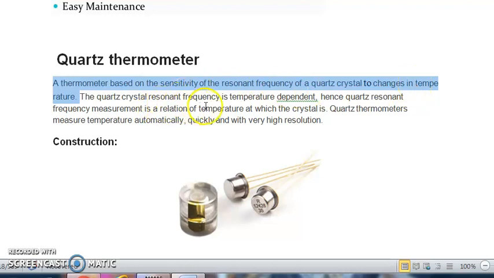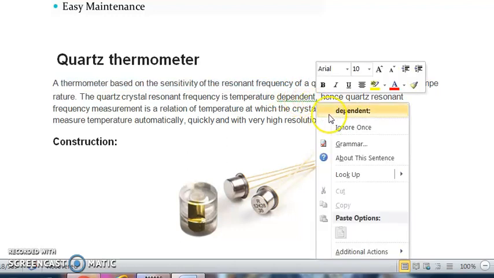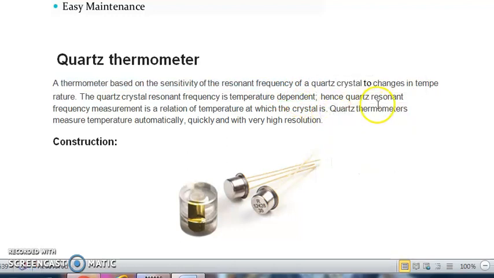The quartz crystal resonant frequency means if temperature changes, then the crystal vibrates. The quartz crystal vibrates, and the vibration rate is known as resonant frequency. And in quartz crystal, the resonant frequency is temperature dependent. Okay, it is temperature dependent. Hence, quartz resonant frequency measurement is a relation of the temperature at which the crystal is changing its frequency.